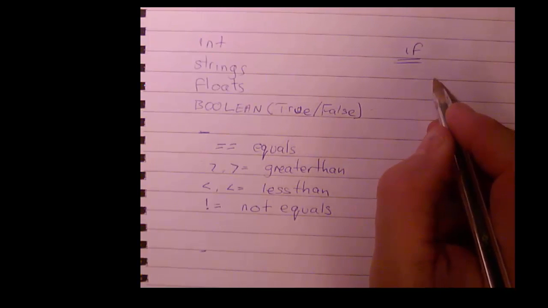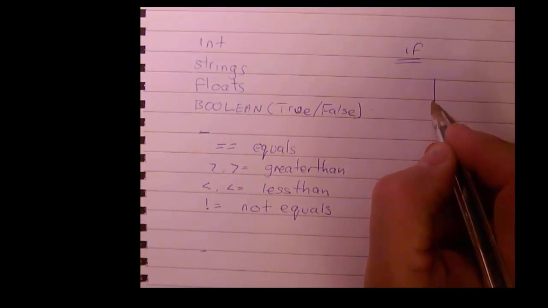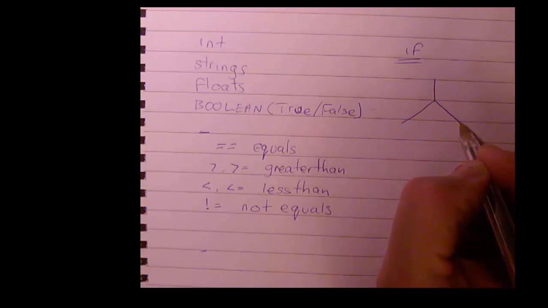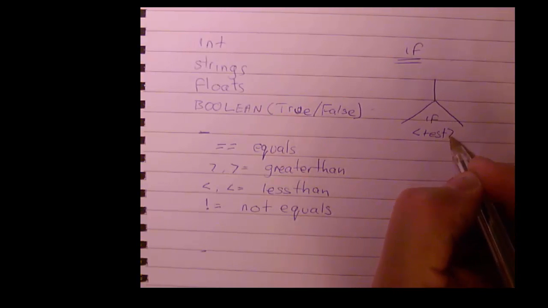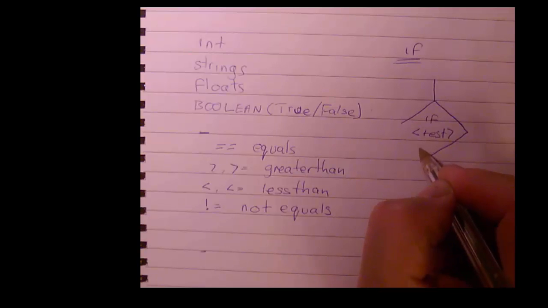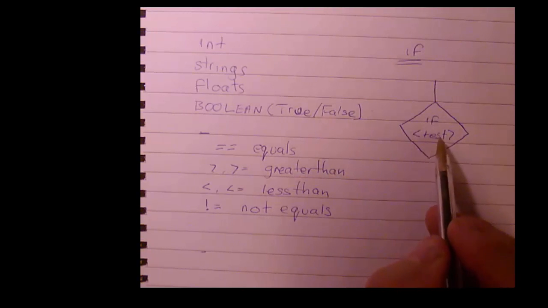The way the if statement works is our code comes down and we ask the question if, and then we do some form of test in here. This is our Boolean test. We're testing things for being equal or greater than or less than.